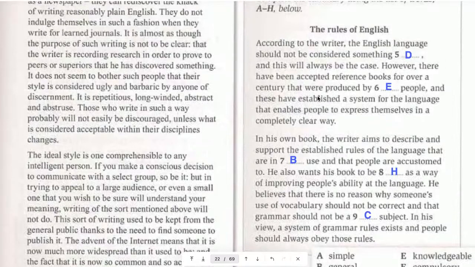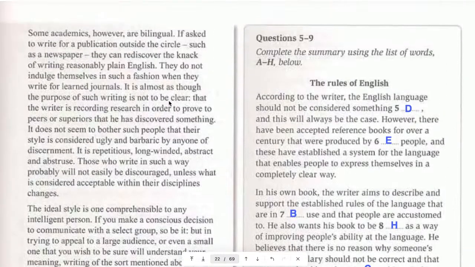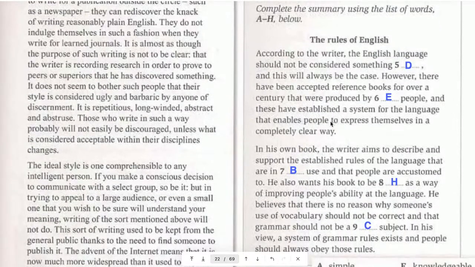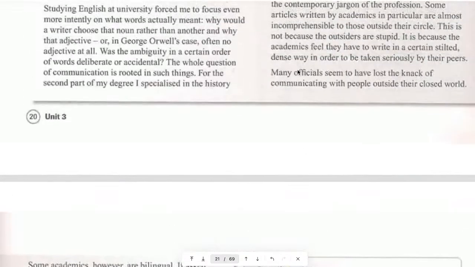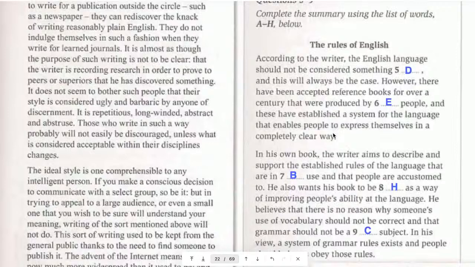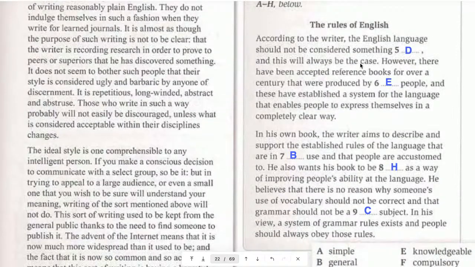Of course the answers cannot be everywhere, so you just need to figure out some specific place where you can find the answers for all of these things, and then you read that carefully. First of all you will skim through everything and then you choose the specific location. Now number 5.